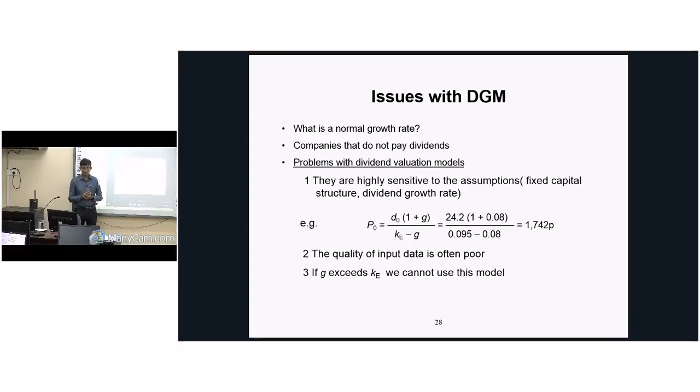We know that the moment the capital structure changes, the moment the company pays dividends, the moment they earn profits, the moment they take more loans and change the capital structure, K is going to change. So if K is going to change, how will this model work? But here the assumption is the cost of equity will remain the same and the growth rate will remain the same.